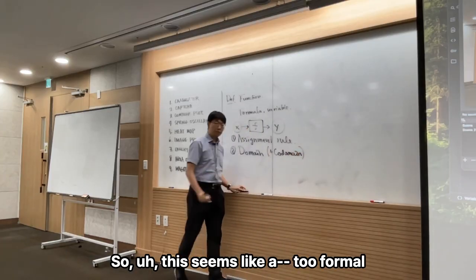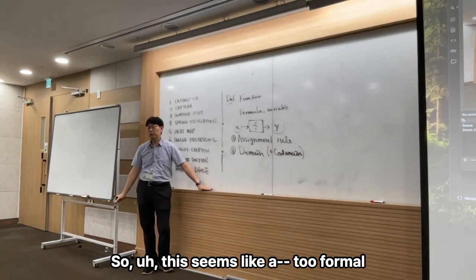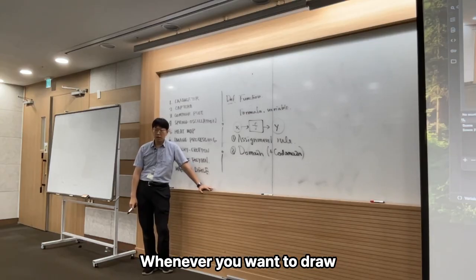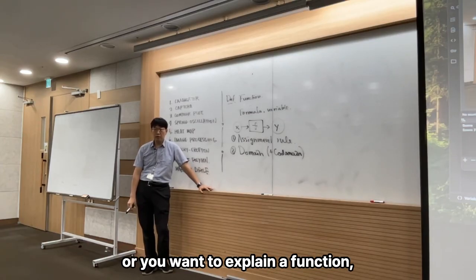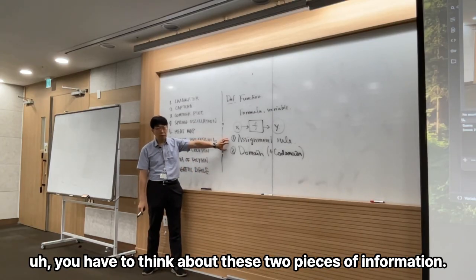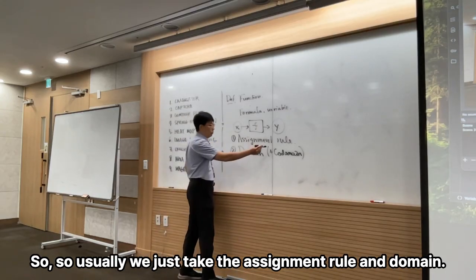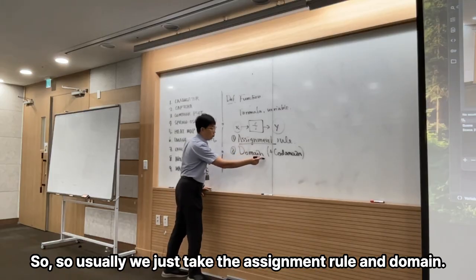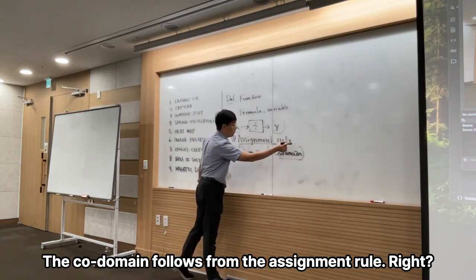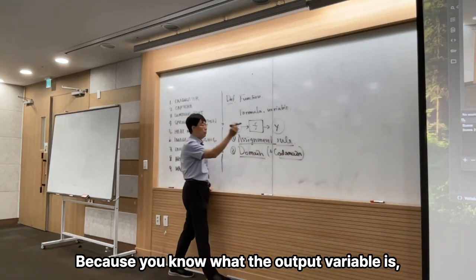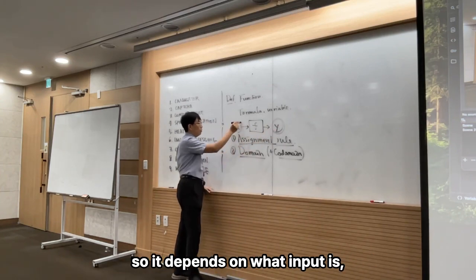This seems too formal, but it's really important. Whenever you want to draw or explain a function, you have to think about these two pieces of information. Usually we just take the assignment rule and domain. The codomain follows from the assignment rule, because the output variable depends on what the input is.